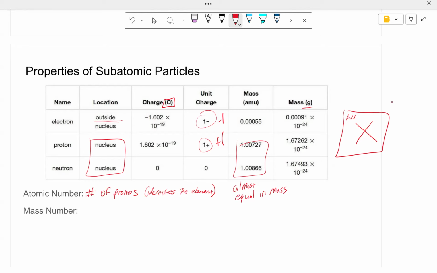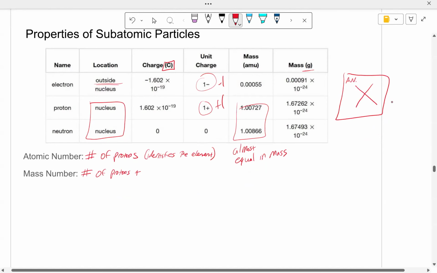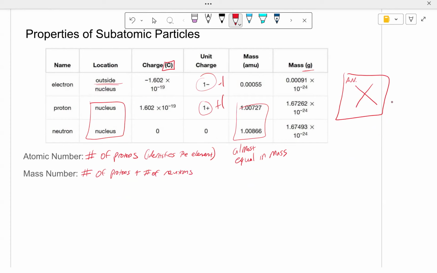Now, the other important number that you should be able to determine is the mass number, which is the number of protons plus the number of neutrons. Now, this number can be different for atoms of the same element.